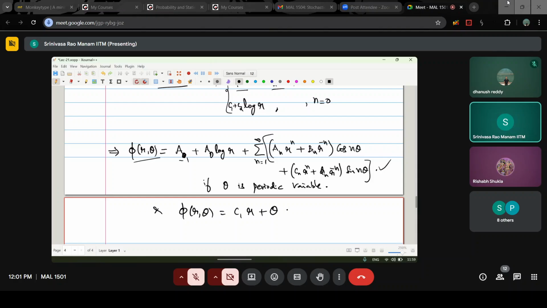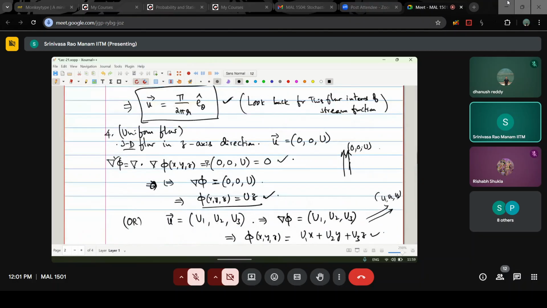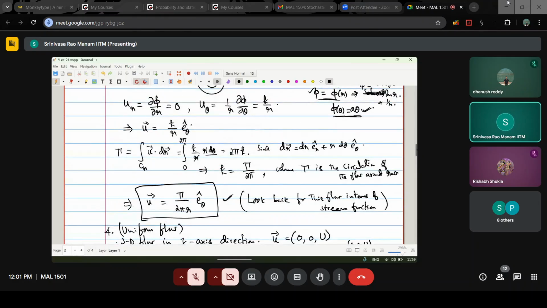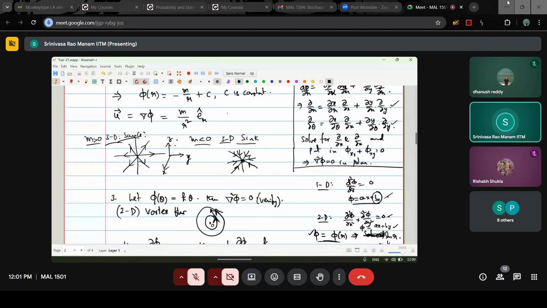With n equal to 1, C1 r. Like this also you can do, no? So theta and C1, C2. These are also possible. Linear functions are always solutions of the Laplace equation. That is what we have already seen earlier as one of the flows, where we used simply k theta as your phi. So this is one we have seen.